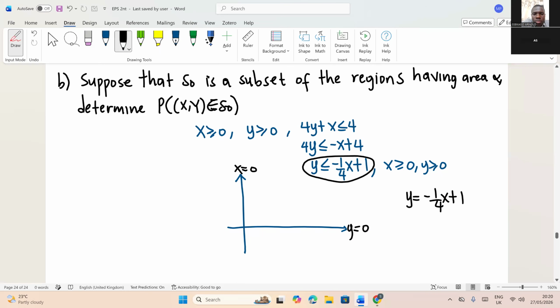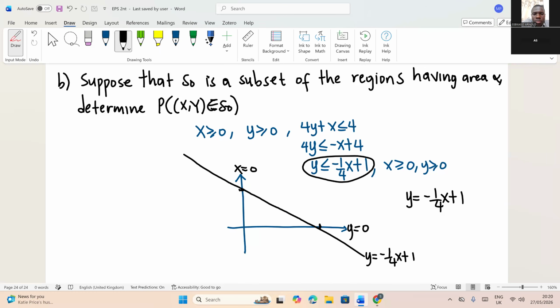This is a line with negative gradient of a quarter, and if x is 0, y is 1, and if y is 0, x is 4. So this is my line, y equals negative quarter x plus 1.